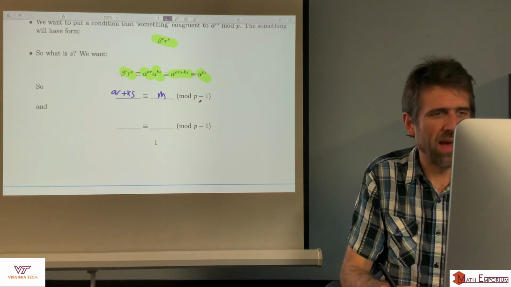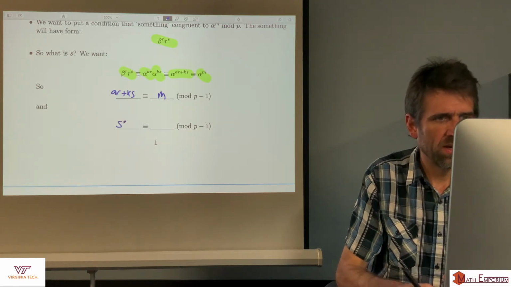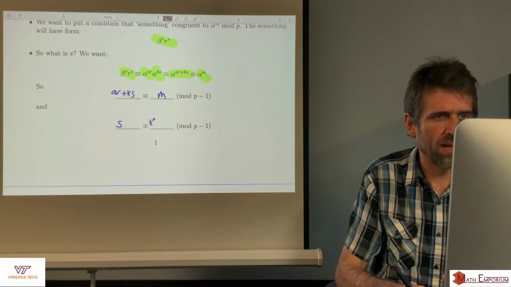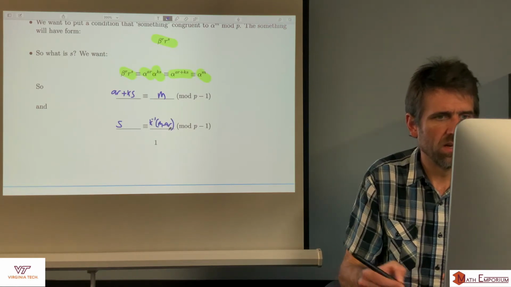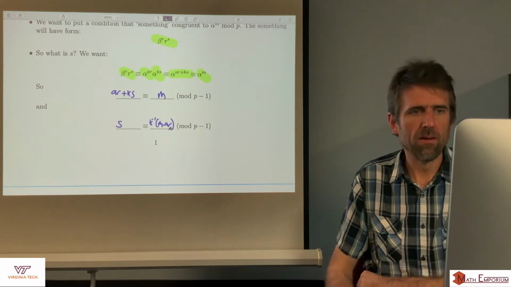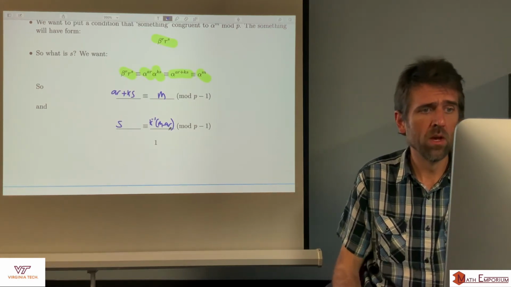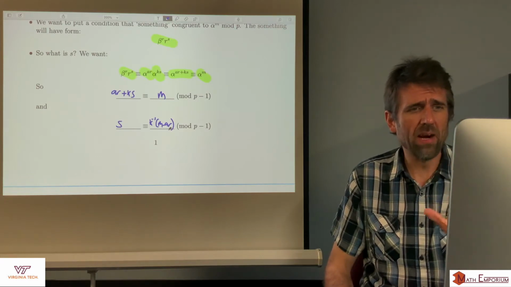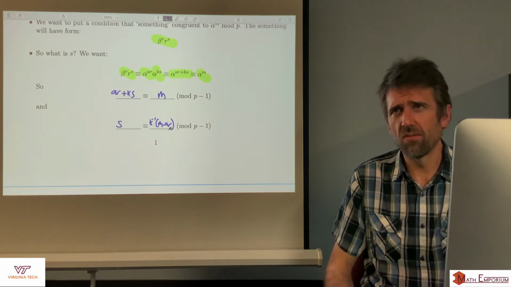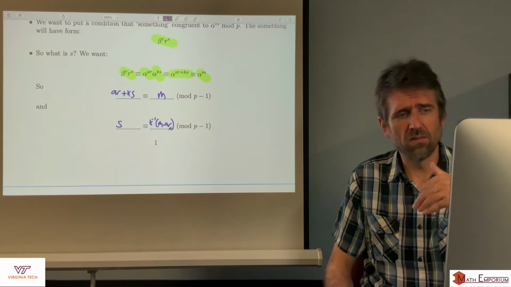And then I want to solve that for s. That means that s is going to be congruent to k inverse times m minus ar. And remember, we chose k to be invertible mod p minus 1. So we can completely solve for s. And if we use s, this chain of congruences can be run backward.